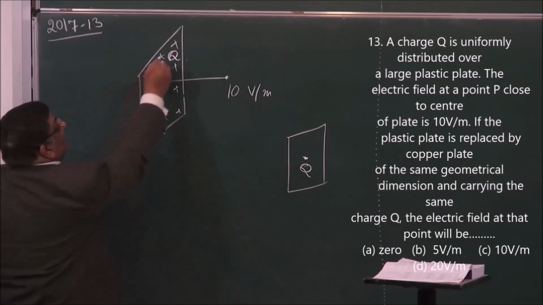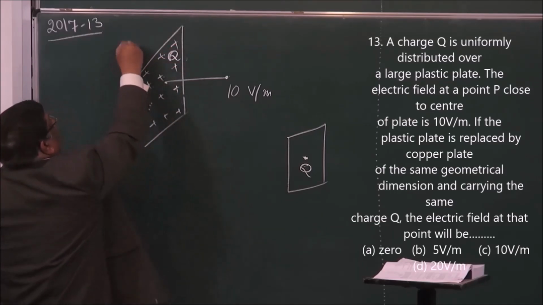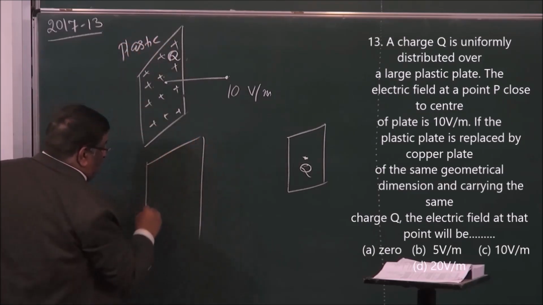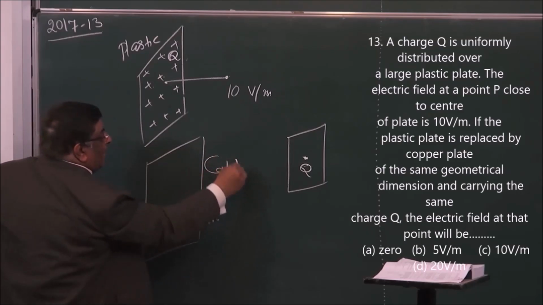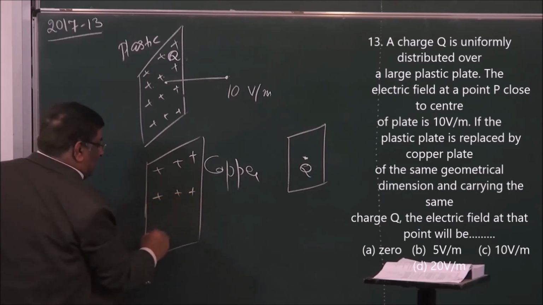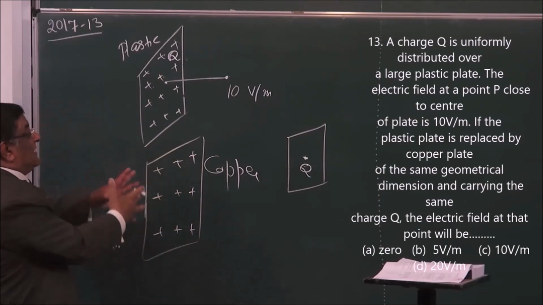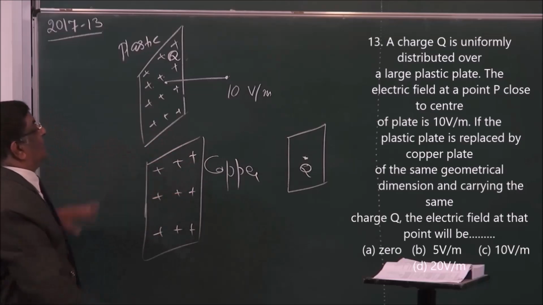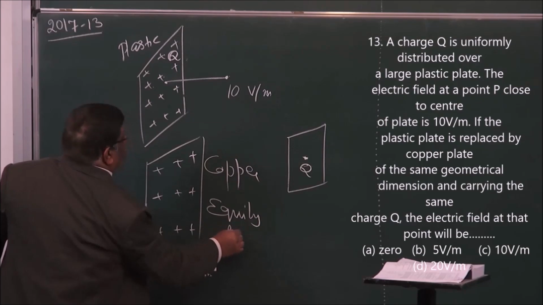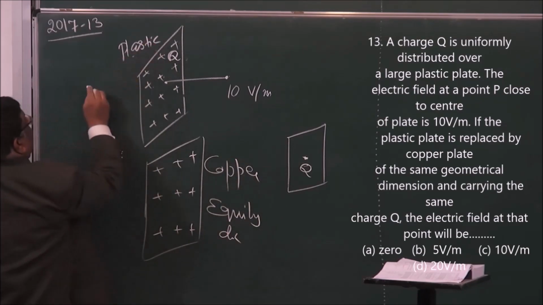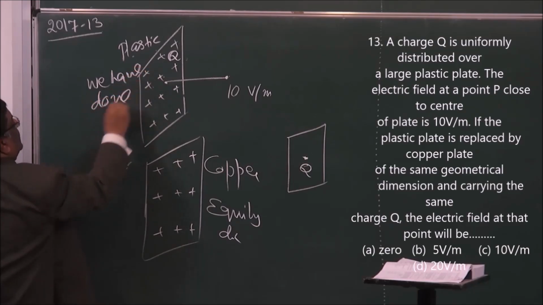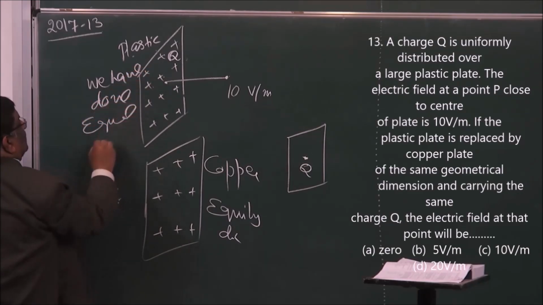That means here it is equally distributed. अब ये अगर कॉपर है, कॉपर because it is a good conductor, इसको कहीं भी चार्ज देंगे ये अपने आप इक्वली डिस्ट्रीब्यूट कर लेगा. And in plastic we have done equal distribution.